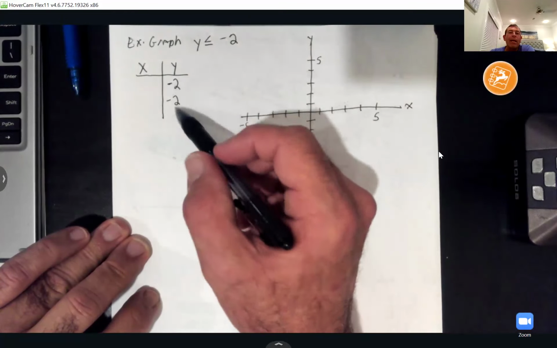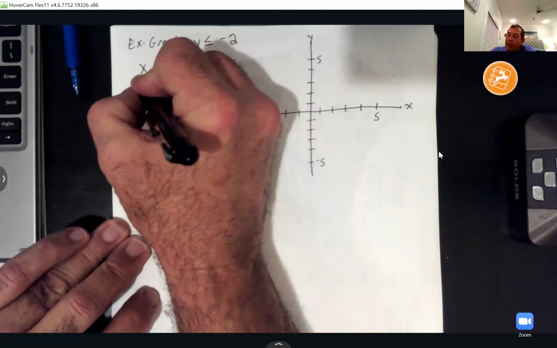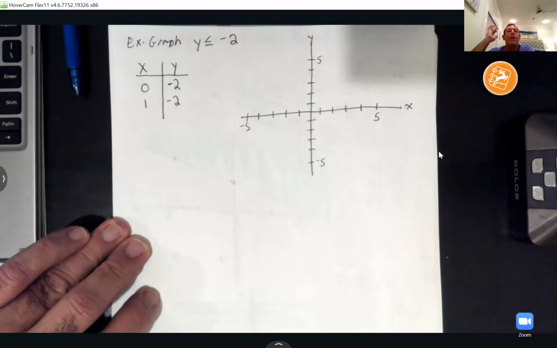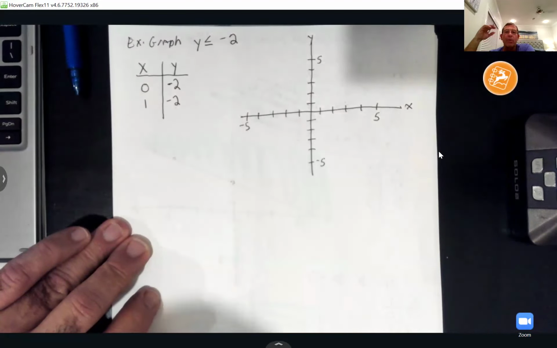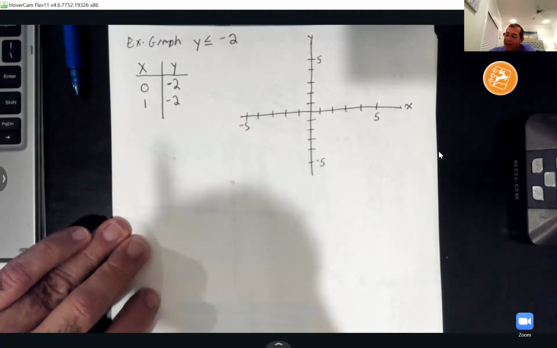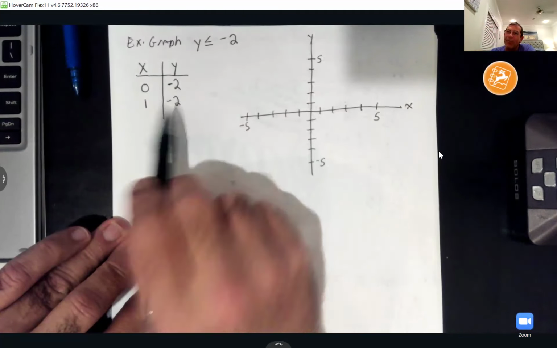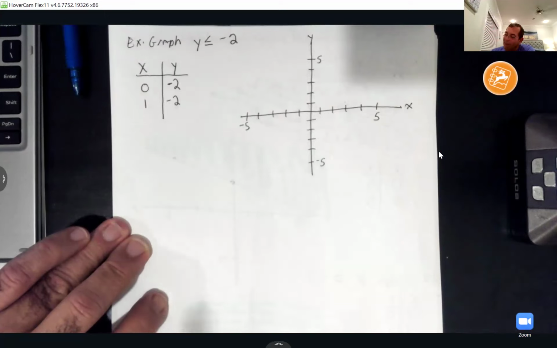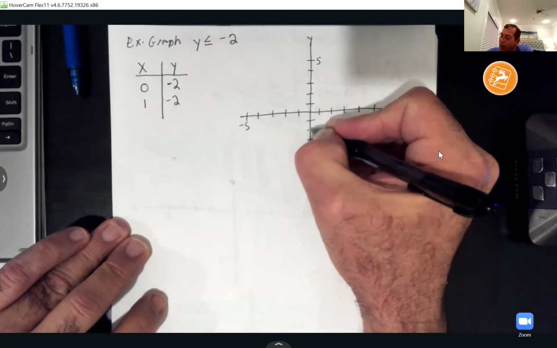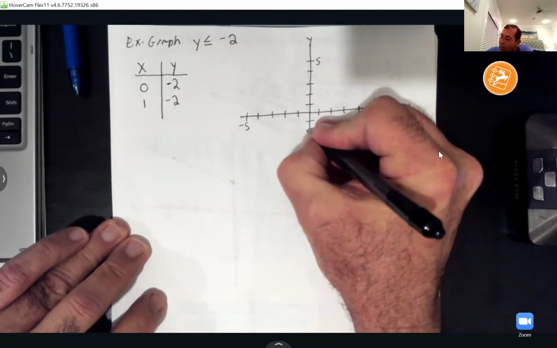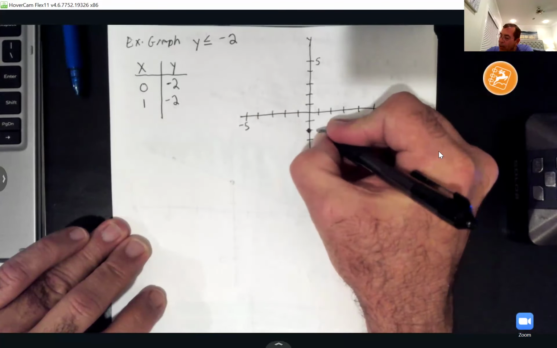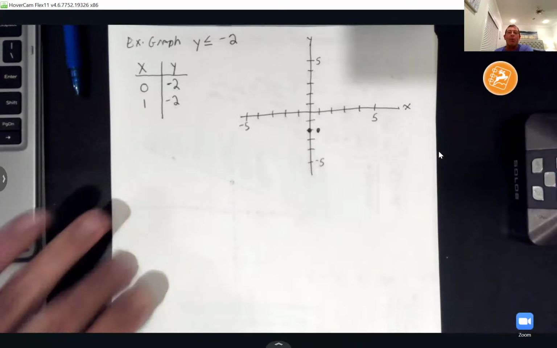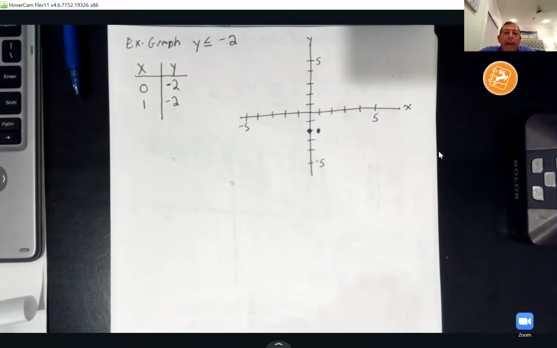So since every Y has to be -2, y'all, it don't matter, pick any numbers you want for those X's. If you like negative numbers, do -1, -2. It don't matter. As long as the Y value is -2, okay? So 0 and then down 2. 1 will be right 1, down 2. So at that point, I got my 2 points plotted.